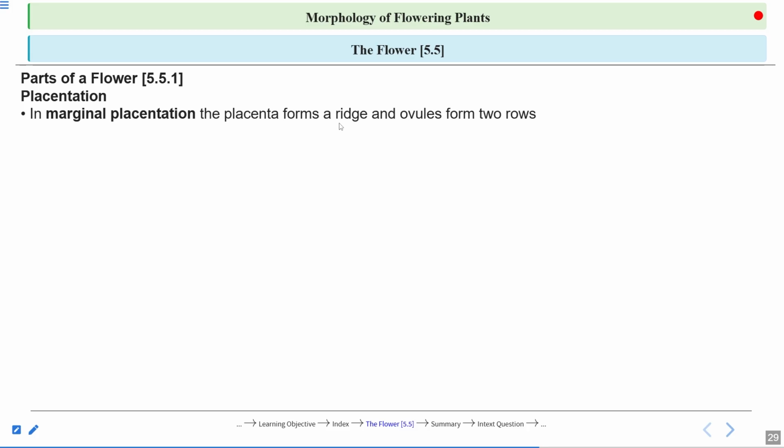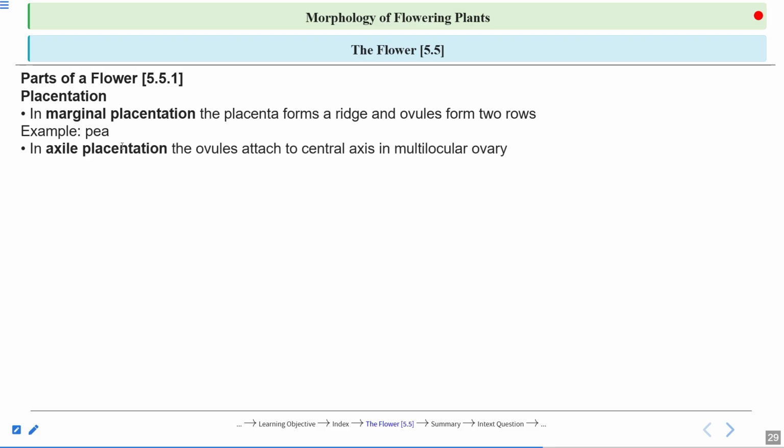Marginal placentation: the placenta forms a ridge and the ovules form 2 rows, right? We see this in the case of pea. Axial placentation: the ovules are attached to the central axis in a multilocular ovary. The ovary has many locules and all the ovules are attached to the central axis, that we see in the case of tomato. Again, examples are very important.